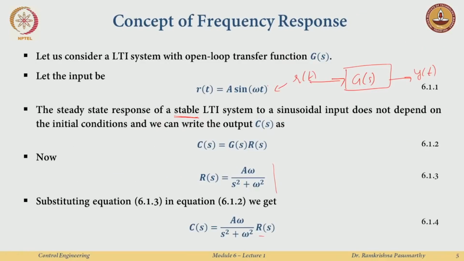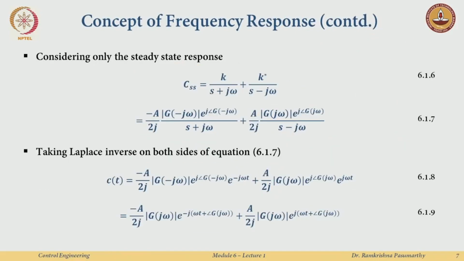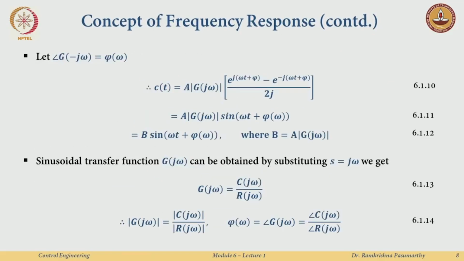The input looked like A sine omega t. So A sine omega t now gets transformed to a signal B sine of omega t plus some phi.